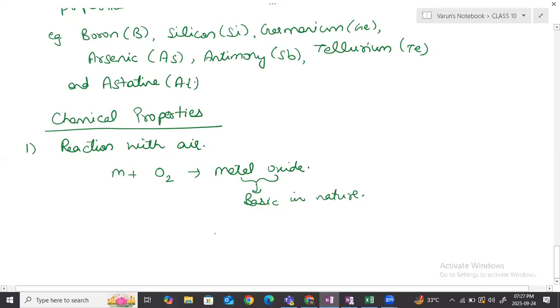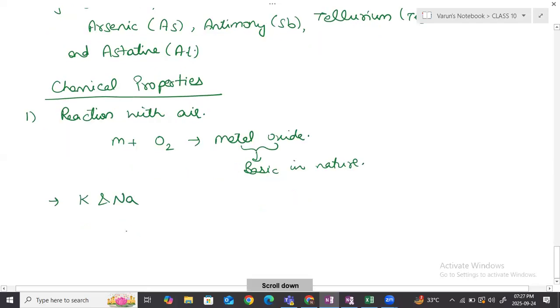But the reactivity of metals with oxygen varies. Some metals react very vigorously with oxygen, some react slowly, and some do not react even. Potassium and sodium are the metals that react vigorously with air.